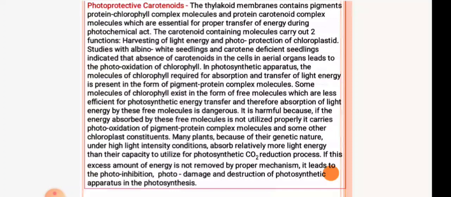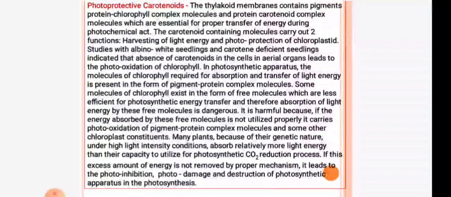In the photosynthetic apparatus, the molecules of chlorophyll required for absorption and transfer of light energy are in the form of pigment protein complex molecules. Some molecules of chlorophyll exist in free molecule form, which are dangerous. It is harmful because if the energy absorbed by these free molecules is not utilized properly, it causes photooxidation of pigment.